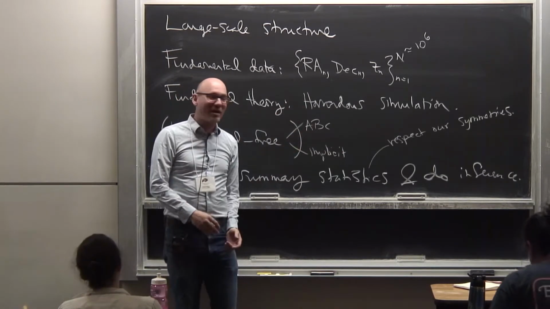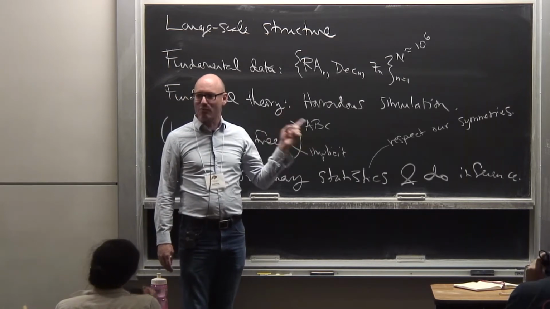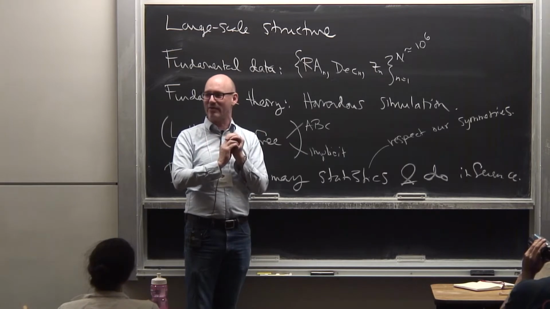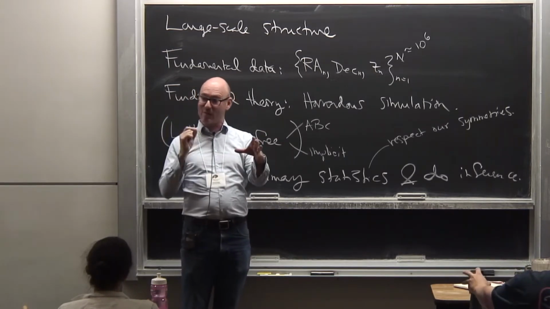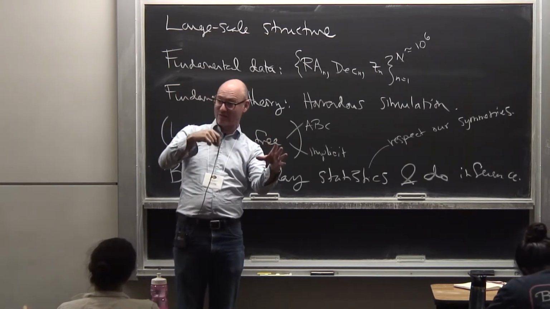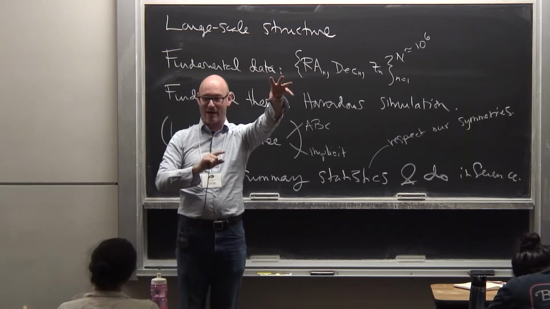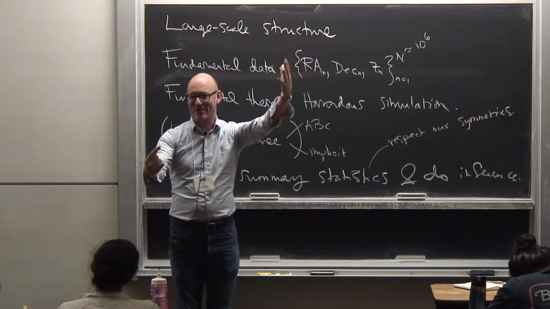So one of the things that the summary statistics is doing here is wiping out tons of the peculiarity of our universe that we don't care about. We don't care about the orientation of our coordinate system. We don't care about where we are currently sitting. Like the solar system, the Milky Way is here in this large scale structure and we're looking out at it. If we'd been over here, we would be still seeing the same large scale structure.